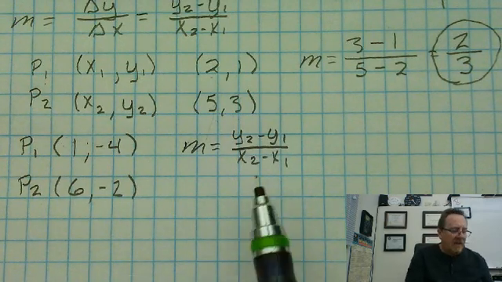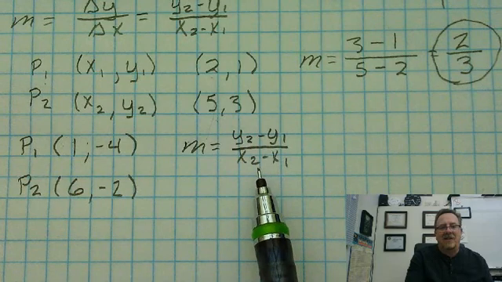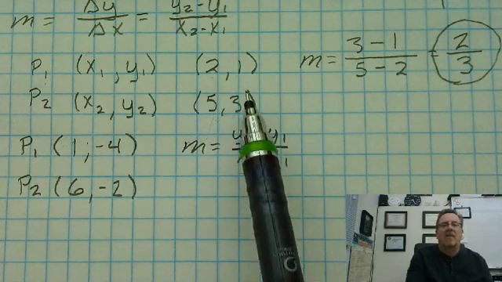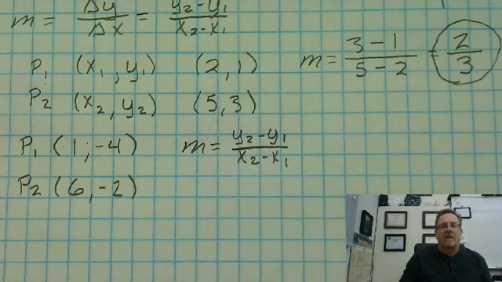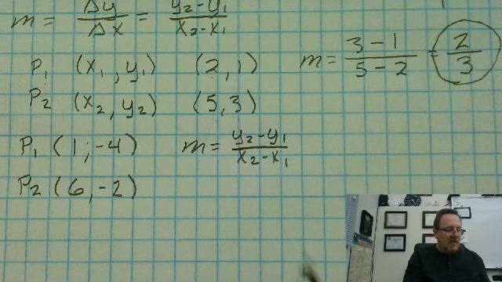So the faster you learn this formula and understand how to plug the points in, the better you're going to do in math. Okay? There's certain things in a math classroom that you have to know, and the way to calculate slope is just one of those things. It's really important. So you want to be able to do that whenever necessary.